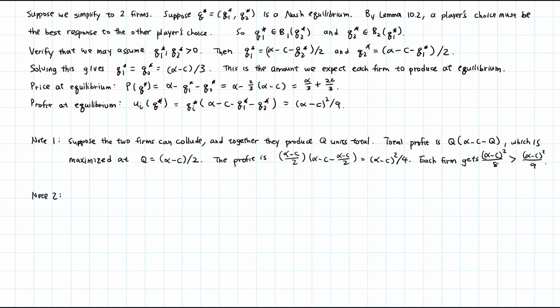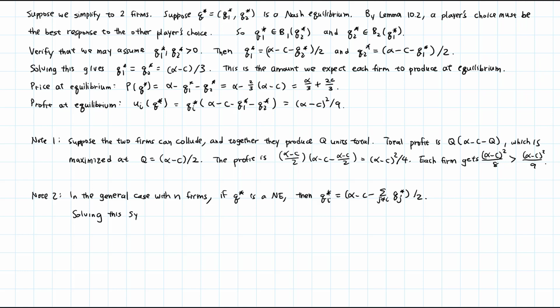Now in the general case with n firms, if Q star is a Nash equilibrium, then Qi star is this formula here. And this gives us a system of linear equations, which gives us Qi star is equal to alpha minus C over n plus 1.